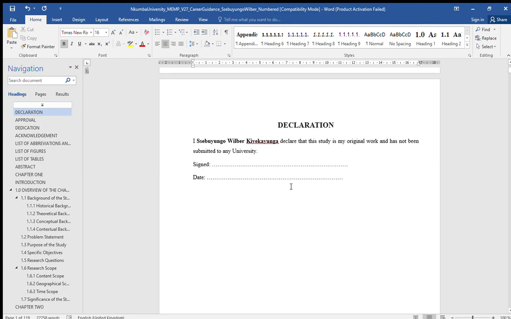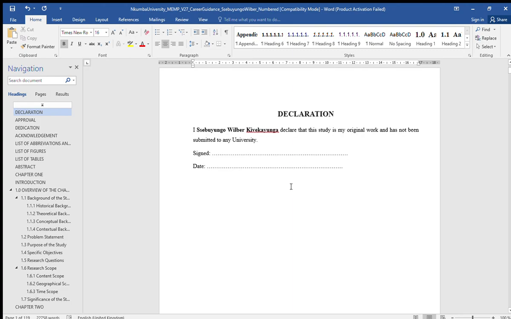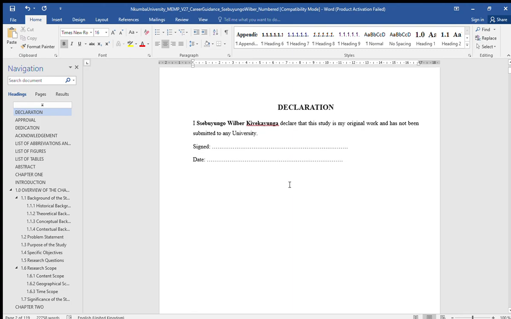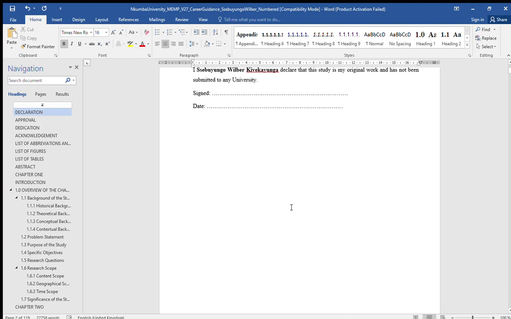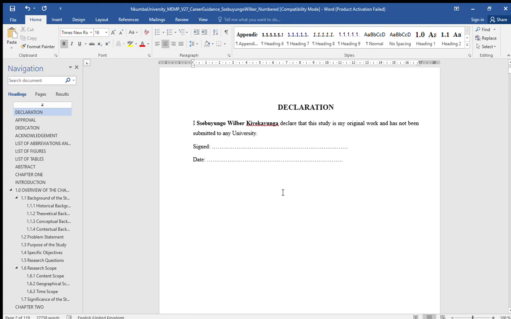So members, there are also some pages which we call preliminary pages. You've seen in research proposals and dissertations when people add here a declaration, then they put a statement like this: I, your name, declare that this study is my original work and has not been submitted to any university.